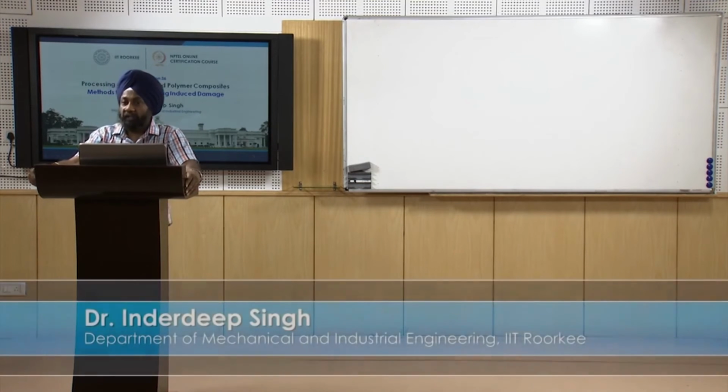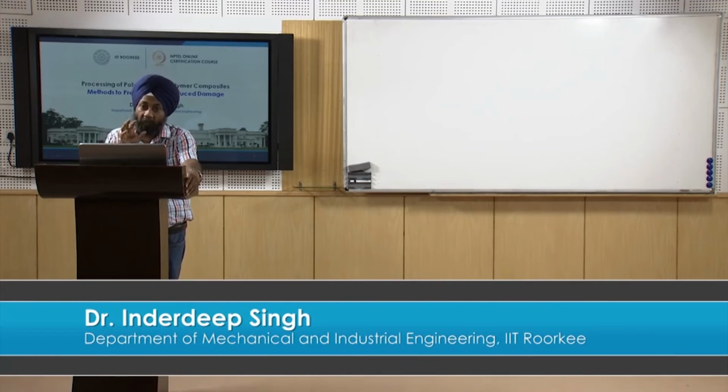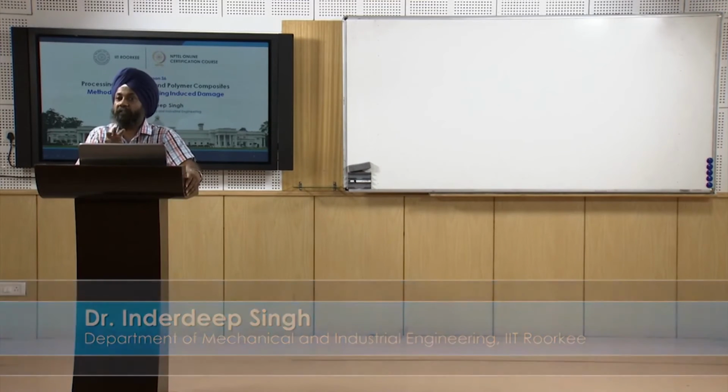This establishes the importance of tool point geometry as a criterion for defining the damage around drilled holes, and that is why we should judiciously and optimally select the drill point geometry so that the damage around the drilled hole in polymer matrix composites is minimum. This is one of the important factors to be taken into account to minimize the damage.